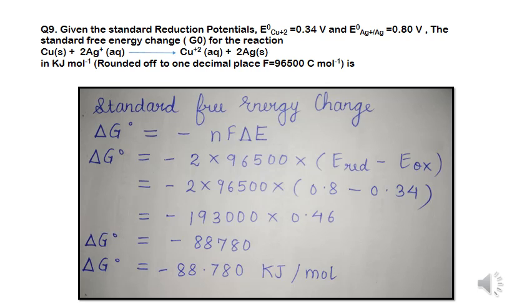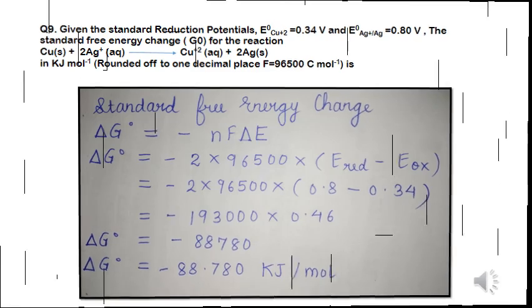Silver is reduced over here while copper is oxidized, therefore 0.8 minus 0.34, into 96,500, which is Faraday's constant with unit coulomb per mole, into 2 because 2 electrons are being transferred from one species to another. When you multiply these three numbers, you get delta G0, the standard free energy change, equal to minus 88.780 kilojoules per mole.